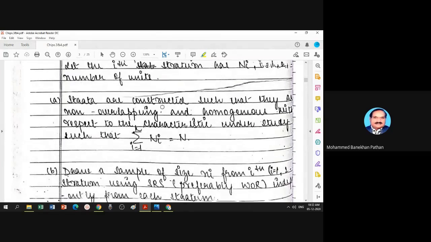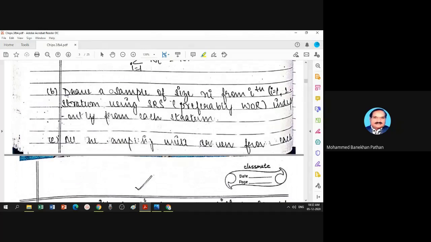Strata are constructed such that they are non-overlapping and homogeneous with respect to the characteristic under study. The total of the stratum sizes is the original population size. After this, draw a sample of size ni from the ith stratum using simple random sampling without replacement.